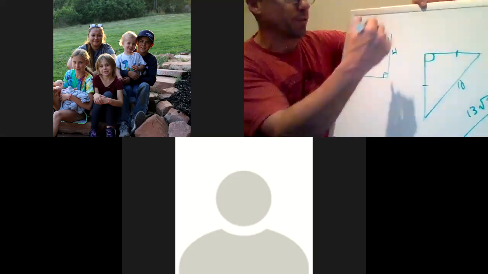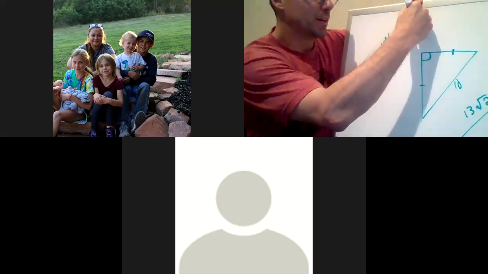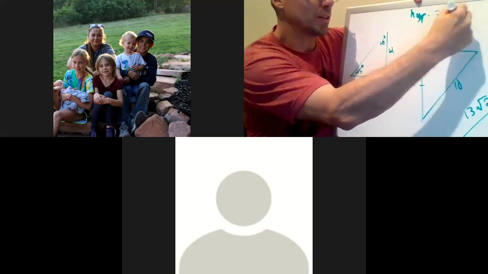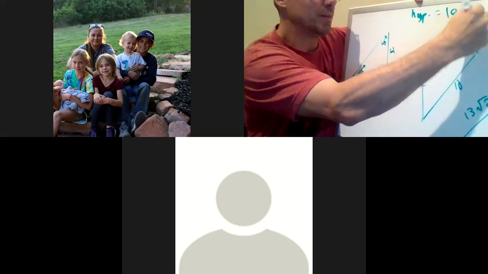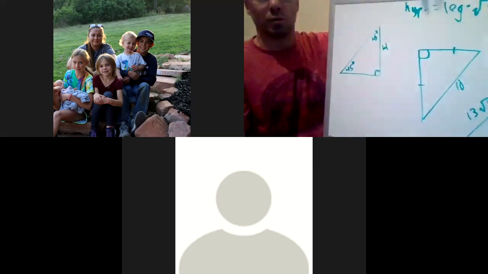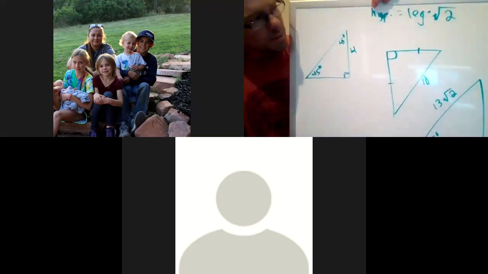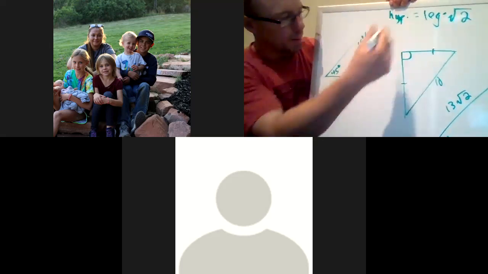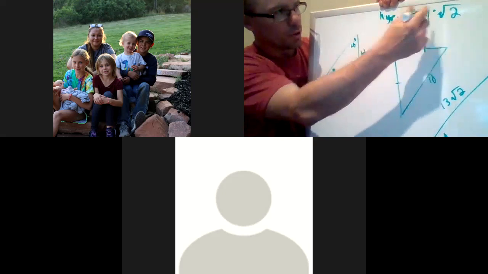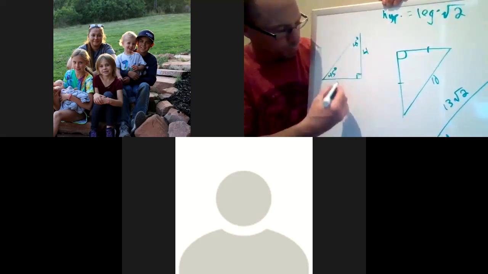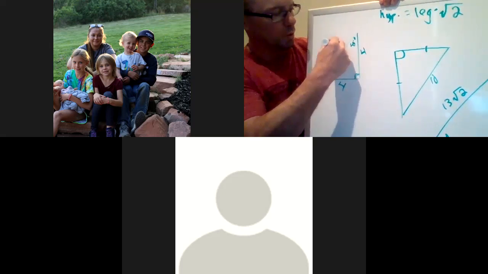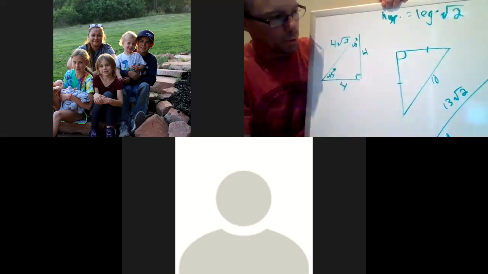But the shortcuts for 45, 45, 90s are simply hypotenuse equals leg times root 2. Okay. So what do I have here? I've got the leg. I plug it in to my equation, which means, well, if one leg is 4, the other leg is 4, and my hypotenuse is 4 root 2.